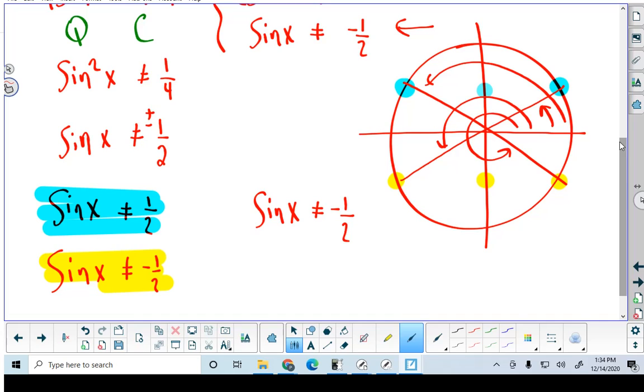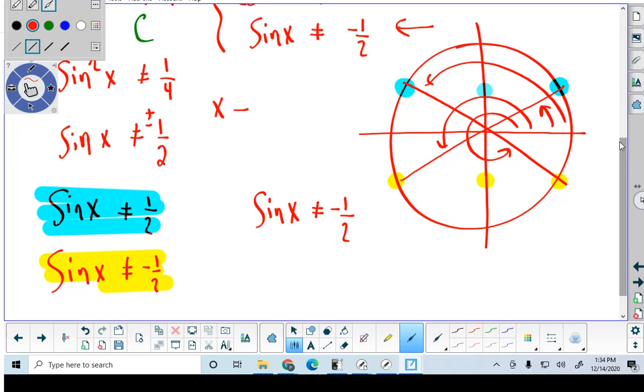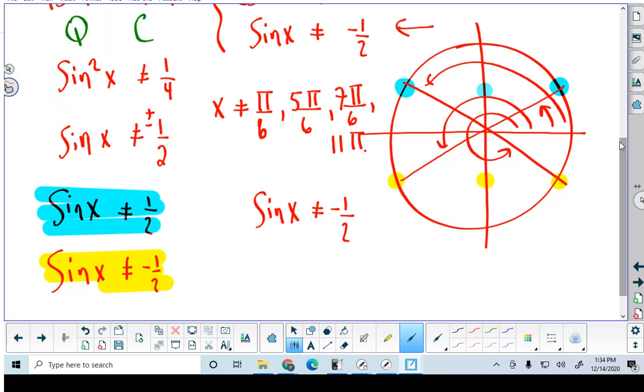Sometimes it's better to draw them separately. I drew them all 4 on 1. So pi over 6, 5 pi over 6, 7 pi over 6, and 11 pi over 6.